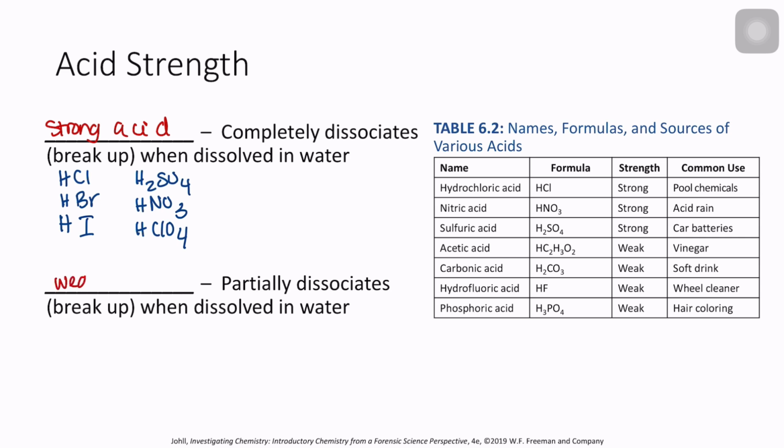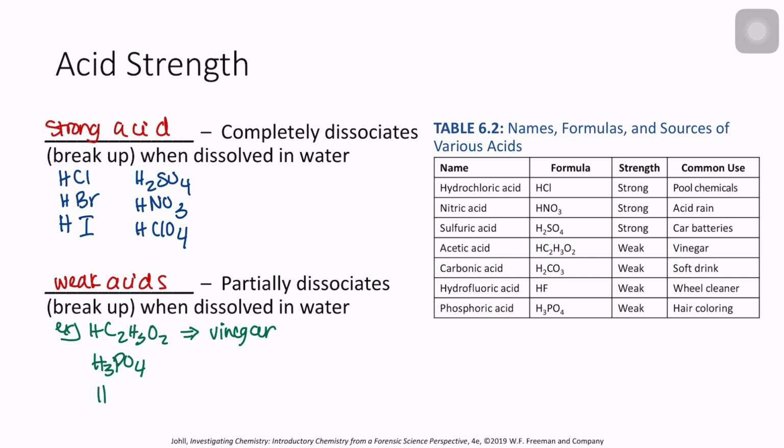Weak acids do not completely dissociate in water. They only partially dissociate, or partially break up, when they are dissolved in water. Some examples of weak acids that we might have heard of before are acetic acid, also known as vinegar, and phosphoric acid. Phosphoric acid can be found in a lot of sodas.